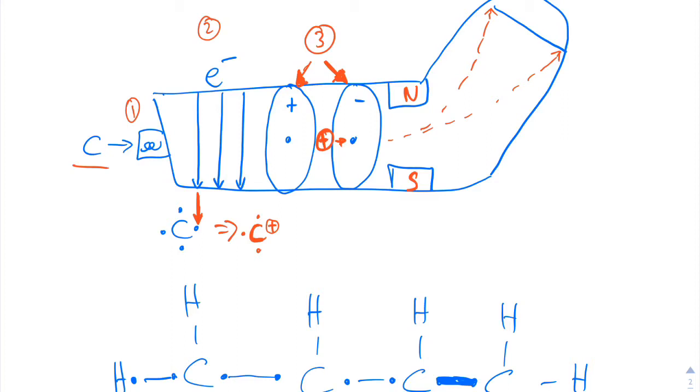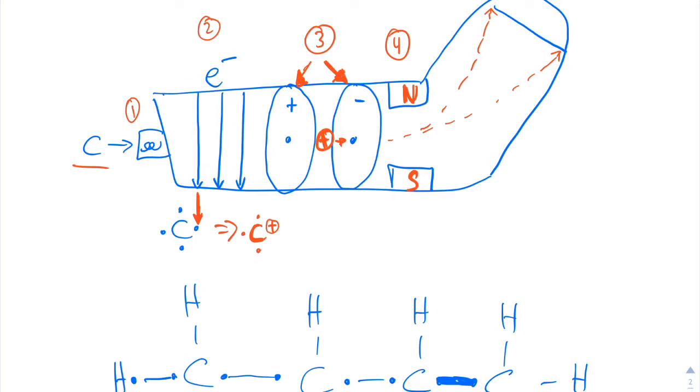Now, once this positive charge is moving, any moving electric charge creates a magnetic field. That's what step 4 is all about. We have a north pole and a south pole right here, and that causes my moving charge to be attracted toward one and repelled from another.